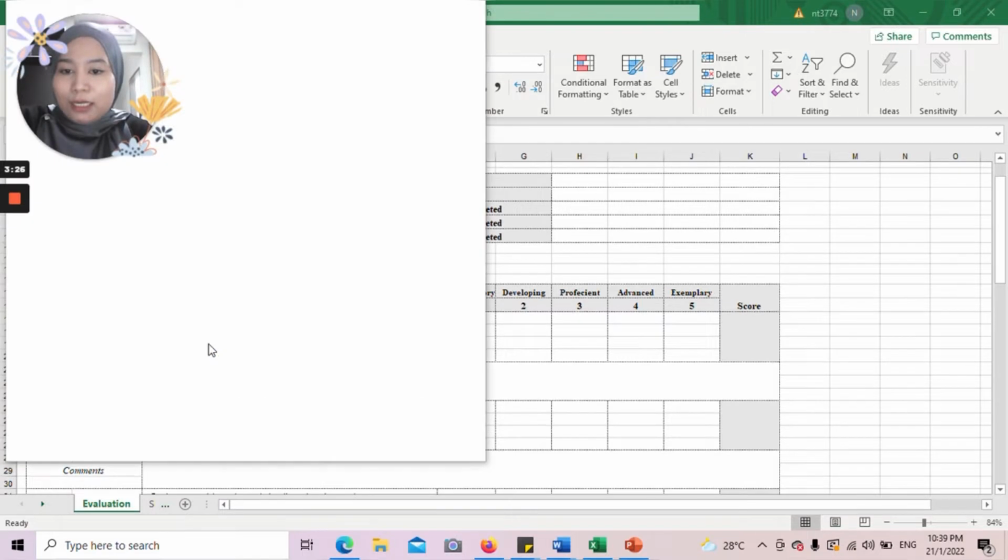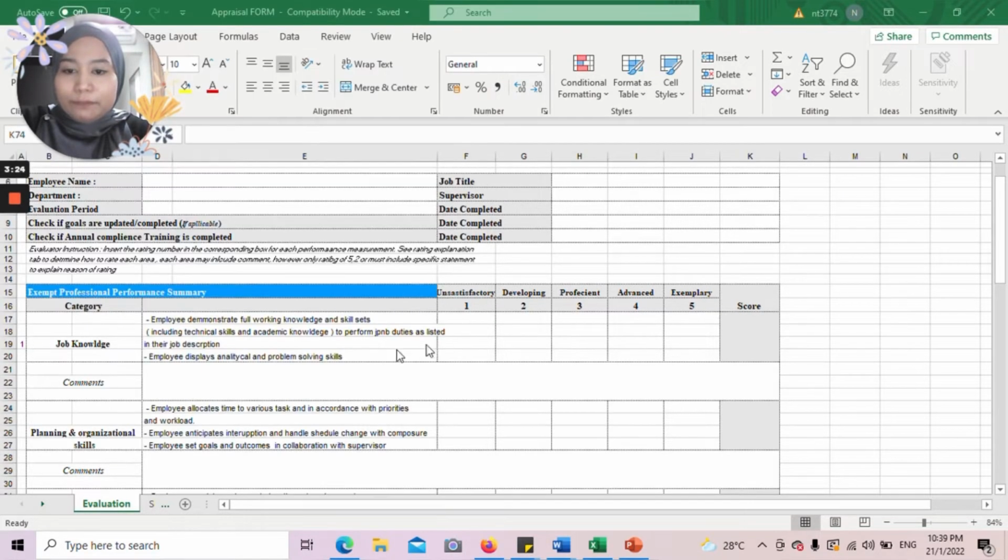Next, at the bottom, we show how the assessment is done. We have chosen the straight ranking, appraisal with score, which compares all employees to others, placing them from the best to the worst.